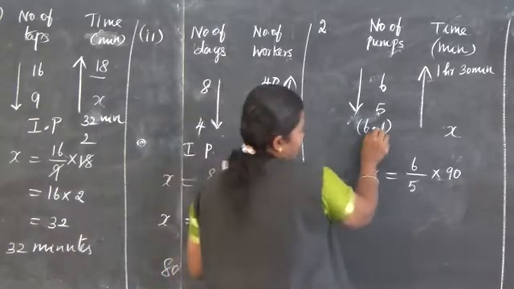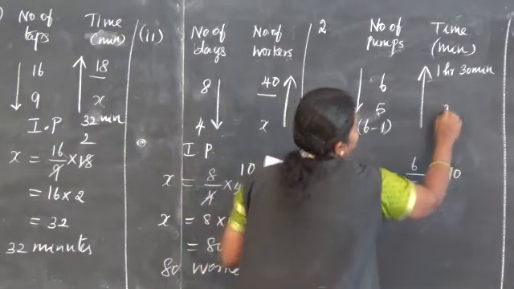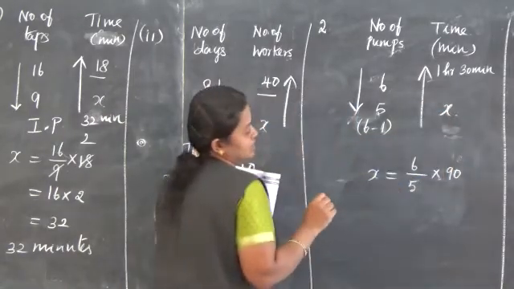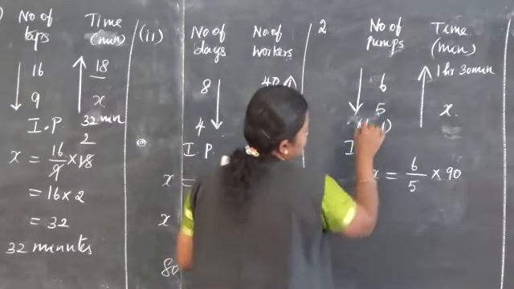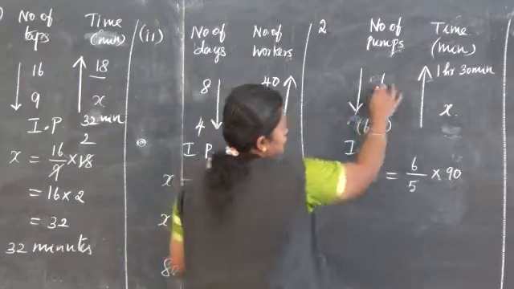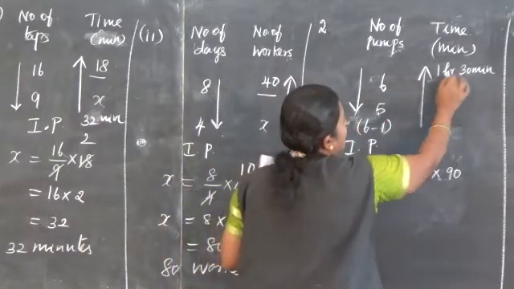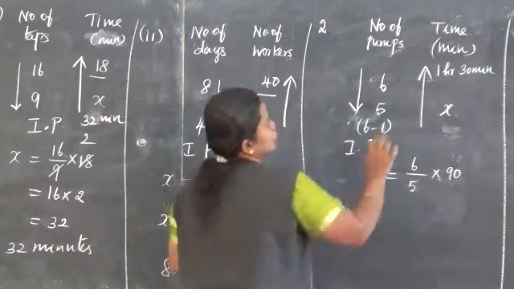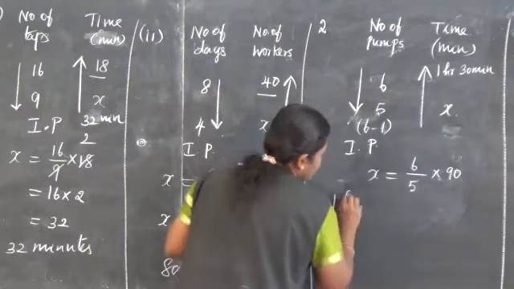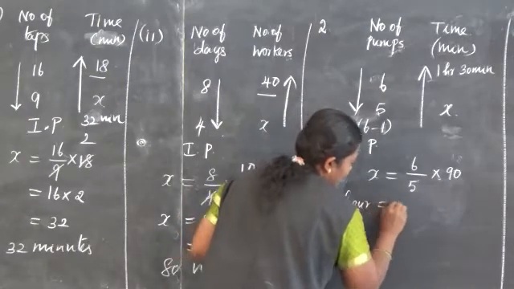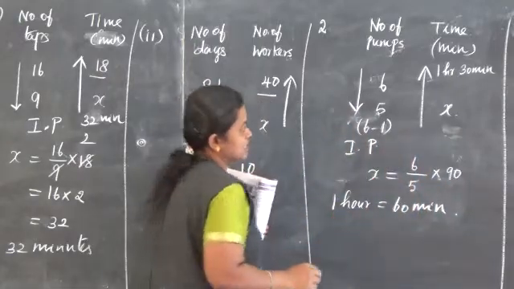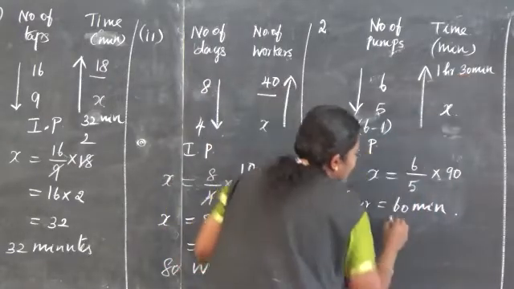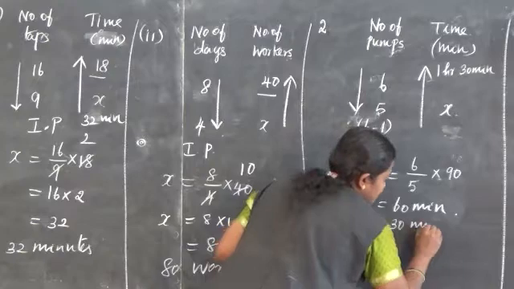So now 5 pumps. How do you find out the time? It is an inverse proportion. x equals, you should write as it is. So 6 by 5 into 1 hour 30 minutes, which is given to you. But you know what 1 hour is? 1 hour equals 60 minutes. Then in addition we have 30 minutes.